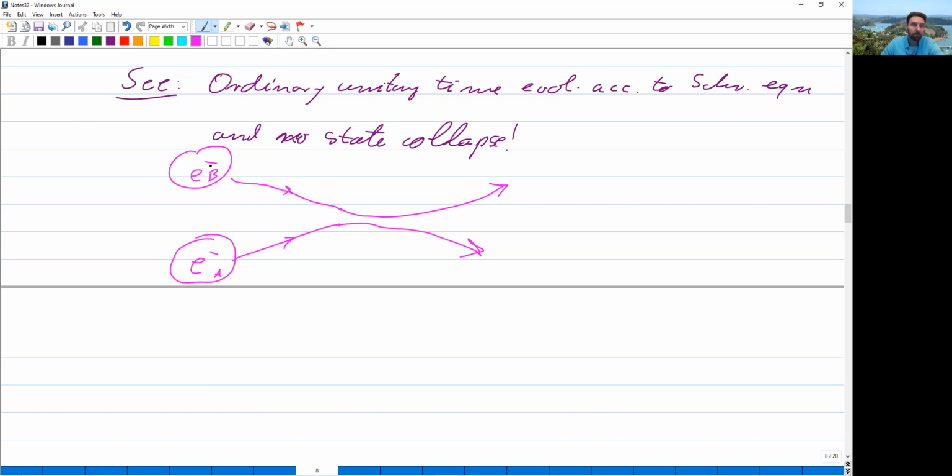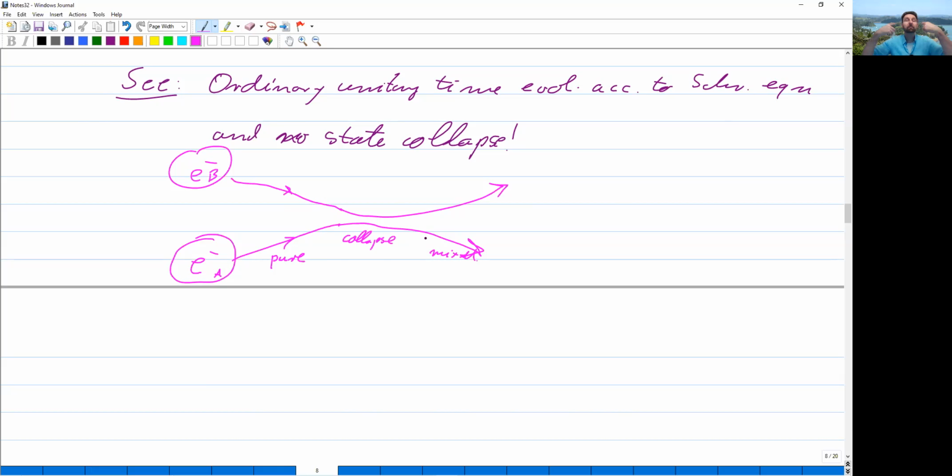Namely, our electron B learns something about how fast our electron A is, or where it is. It will acquire some information on the basis of having scattered off our particle A, right? And that will lead to a state collapse for our system A, which is to say here, the state is pure, but then over here, it is mixed. And this is where the collapse happened.